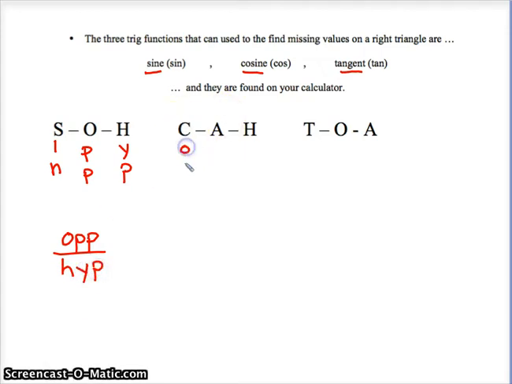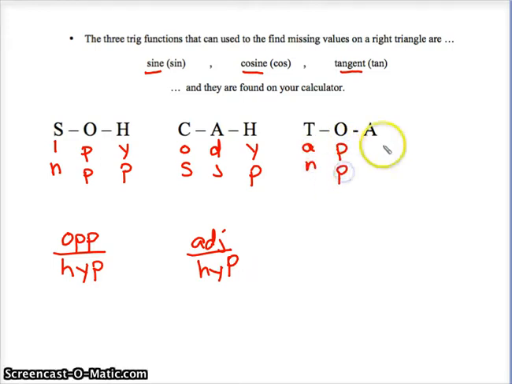CAH means that the cosine is the adjacent side divided by the hypotenuse, and we'll talk about that adjacent side in just a second. And then TOA tells us that tangent is the opposite over the adjacent. That's the opposite side over the adjacent side.